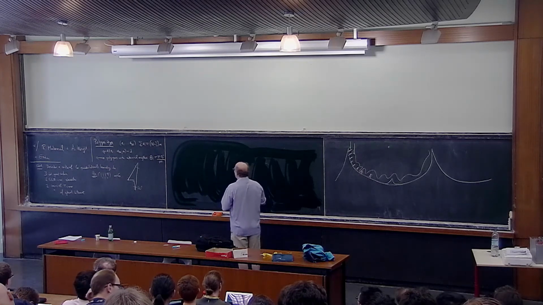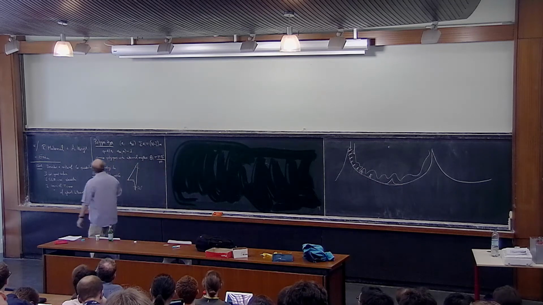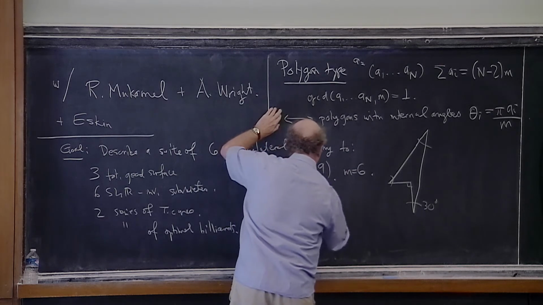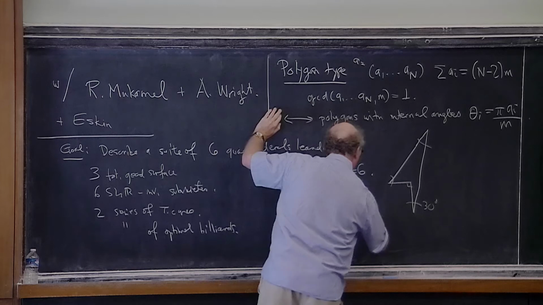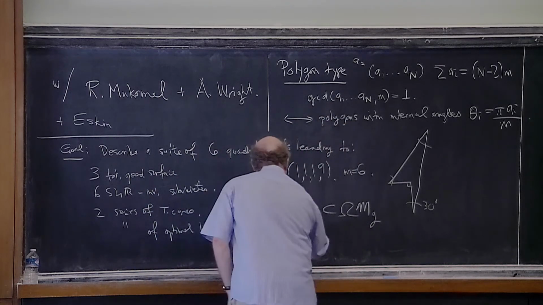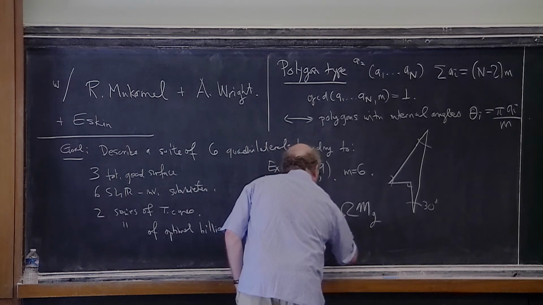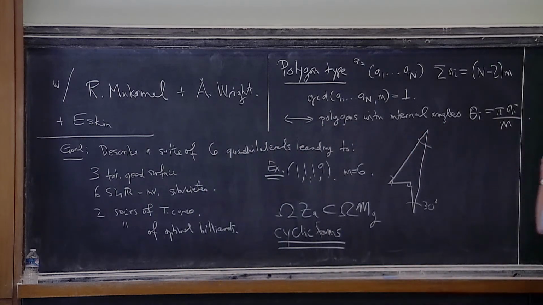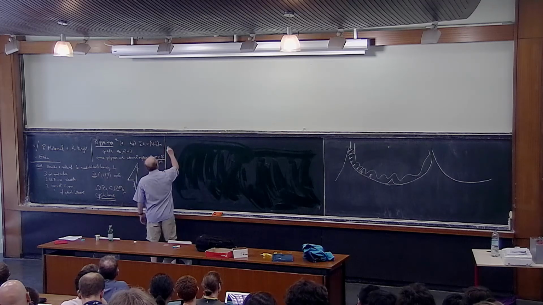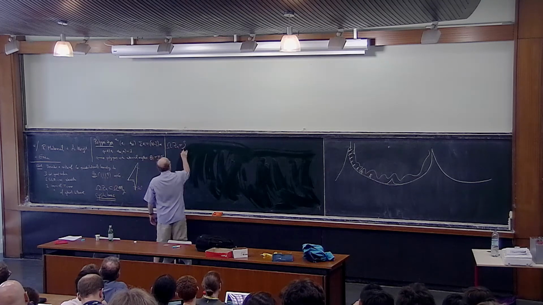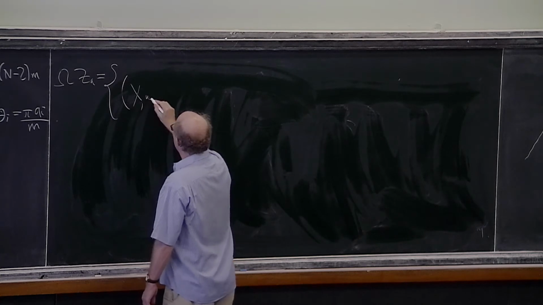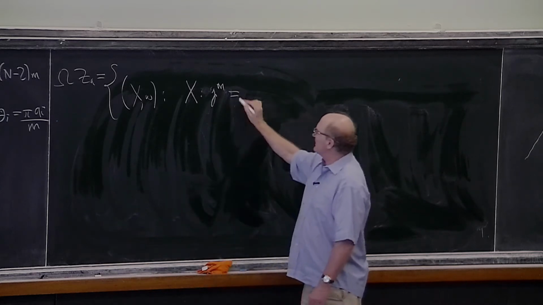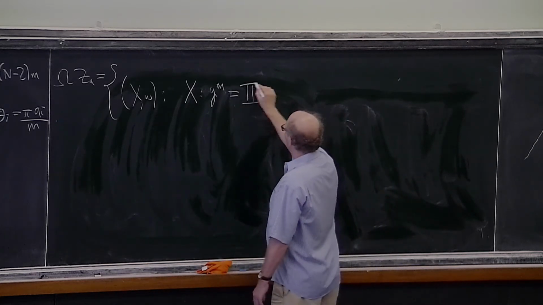OK, so now once you have a polygon type, and we call this polygon type for brevity A, you can associate to this a space of cyclic forms contained in the moduli space of holomorphic 1 forms of a given genus. So call these the cyclic forms of type A. And formally, they can be described as follows. The space of cyclic forms consists of the set of all pairs x and omega, where the Riemann surface x can be presented as an m-fold covering of the complex plane, branched over n points.